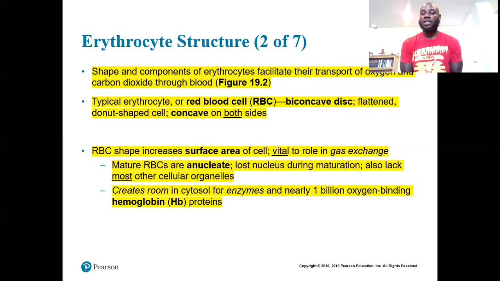And once they've been optimized to transport, they've matured, and now they can do that. They no longer need a nucleus because they really don't need other organelles. You'll see in a couple slides that they don't live a super long time, so they don't need to continue to duplicate in that regard.